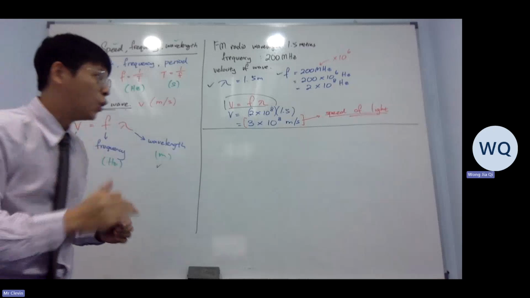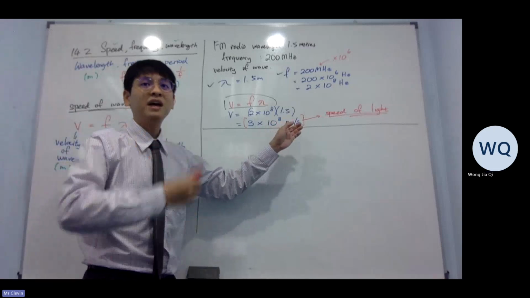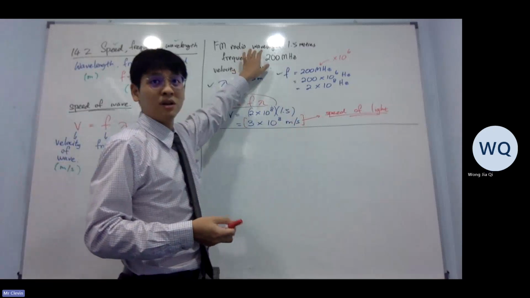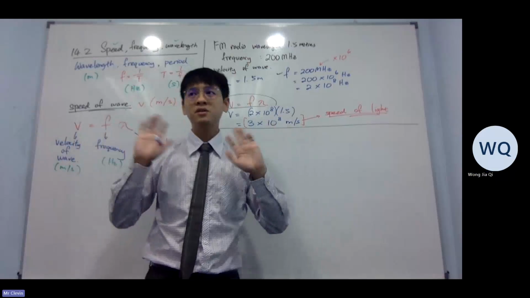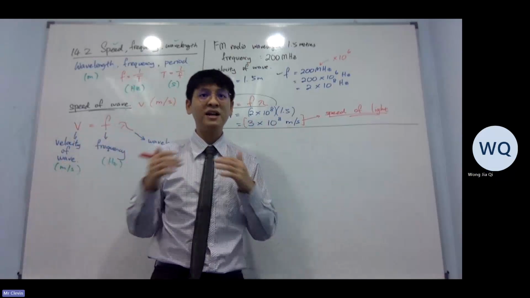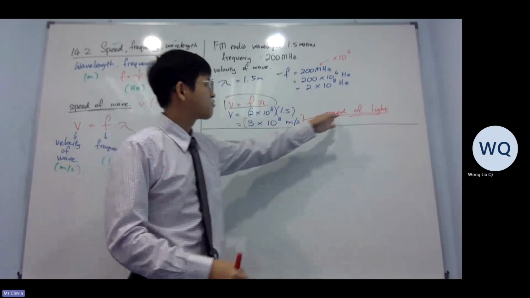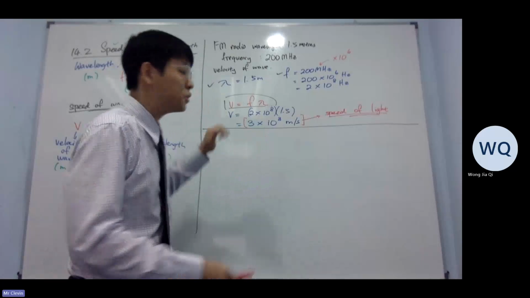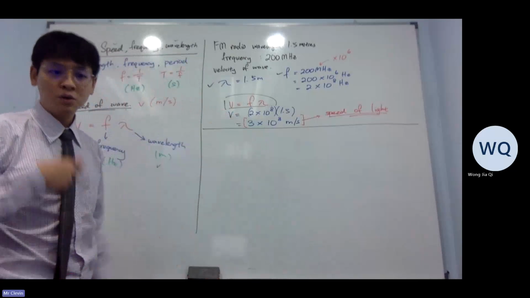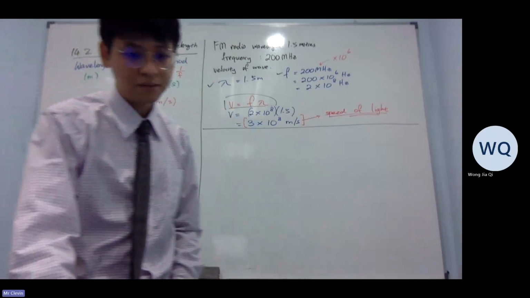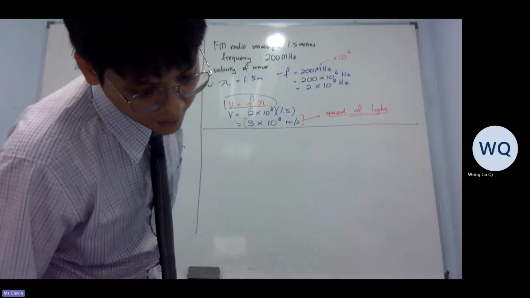The speed of light is always 3 times 10 to the power of 8. Therefore, all the signals, radio FM signals, visible light, ultraviolet, gamma rays, all of them travel at the speed of light. So you need to get used to this number. You will see this a lot of times.